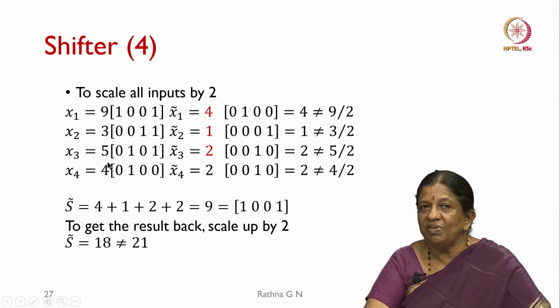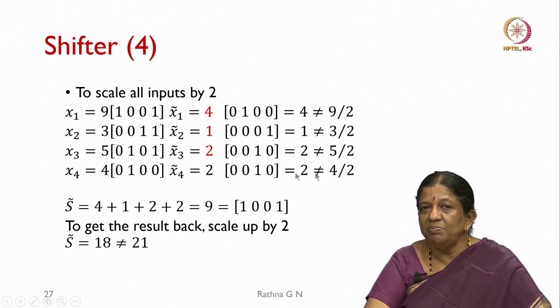We will see the same numbers when we do the scaling; what you get is x 1 hat, which is not equivalent to x 1. When it is 4 and I multiply by 2 here, I will get 8, not 9. In the same way, whatever is shown in red are the approximated values of the original ones.